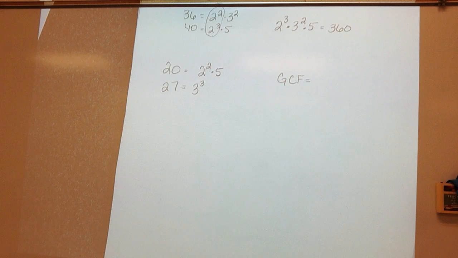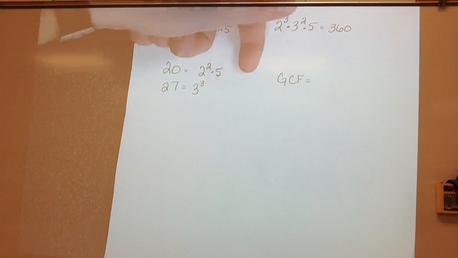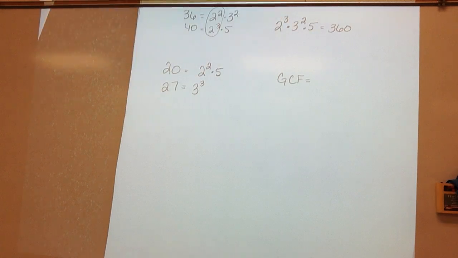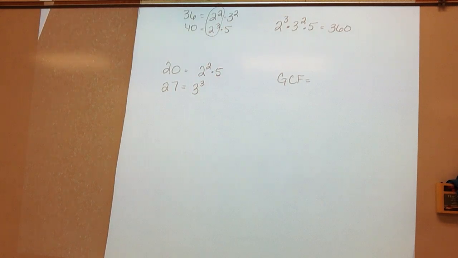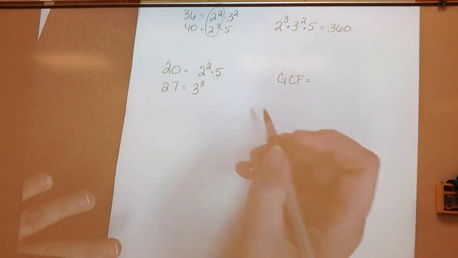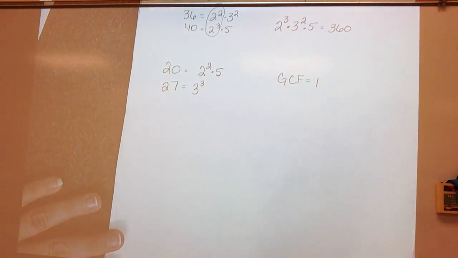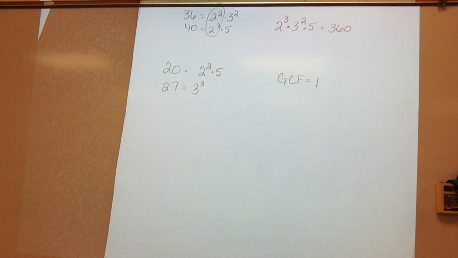There's nothing they have in common except for the number 1. I can multiply all of this by 1 and it doesn't change the value. So the GCF of 20 and 27 is 1.